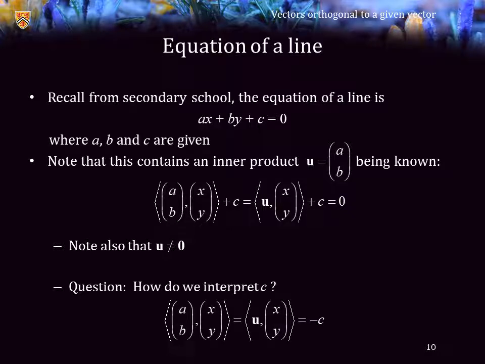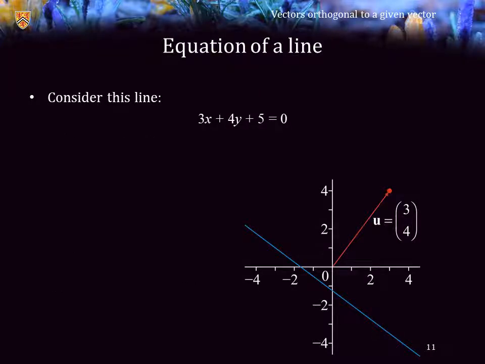Now, how do we interpret this value c? Essentially we are finding all vectors (x, y) such that the inner product with u is equal to negative c. Well, let's consider this line, for example. We have the equation 3x plus 4y plus 5 is equal to 0.